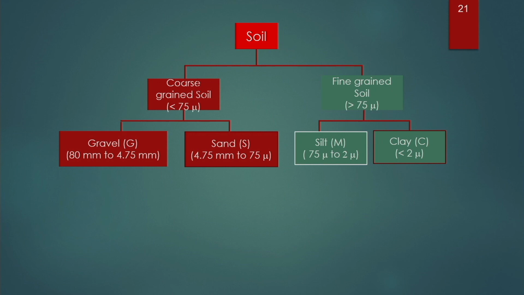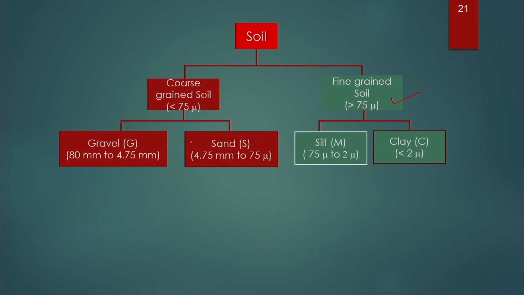First of all, the soil has been classified into two groups. A coarse grained soil, that means the particle size of this soil is more than 75 micron. Next is the fine grained soil. When the particle size is less than 75 micron, it will be known as fine grained soil.